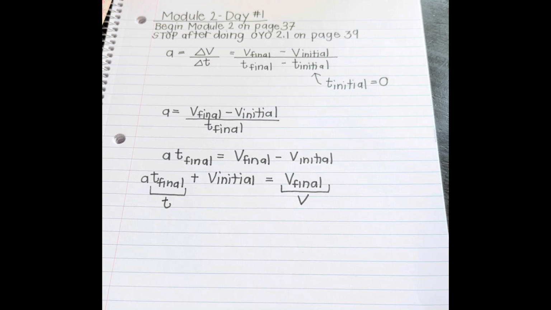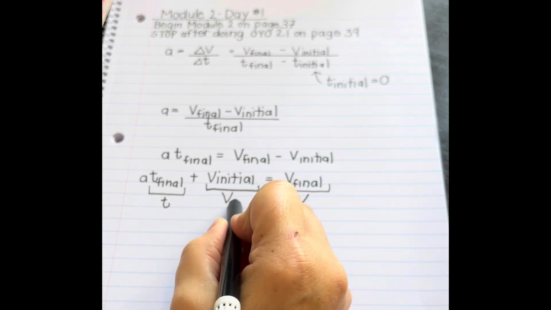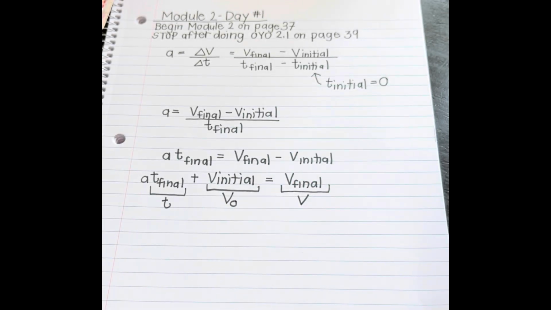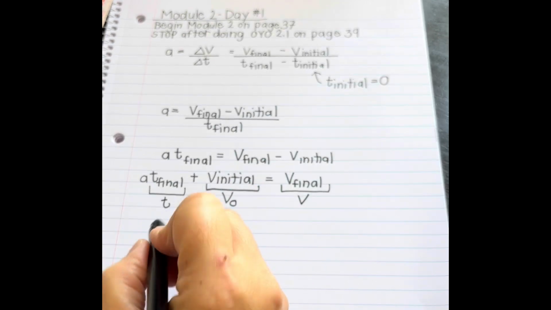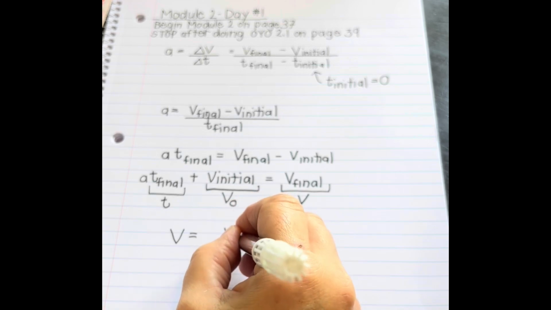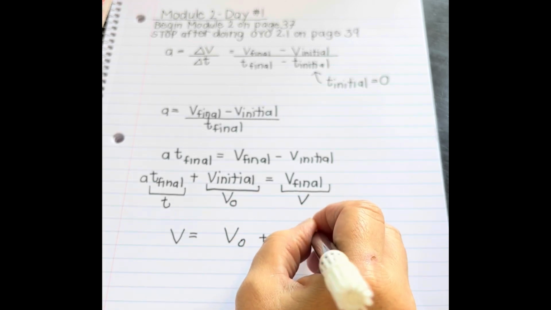I am just making them easier to write. Finally, I will also make V initial easier to write by calling it V naught. This will now be called V, and that little zero down here is naught. With these new symbols, the equation becomes V equals V naught plus AT.